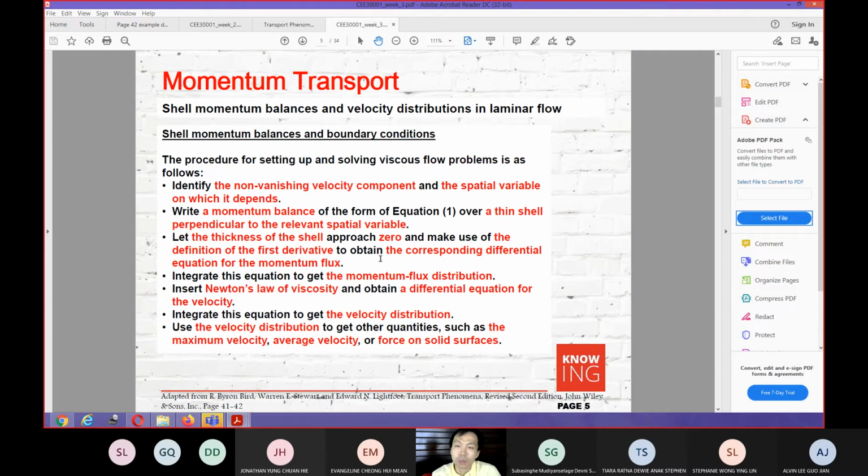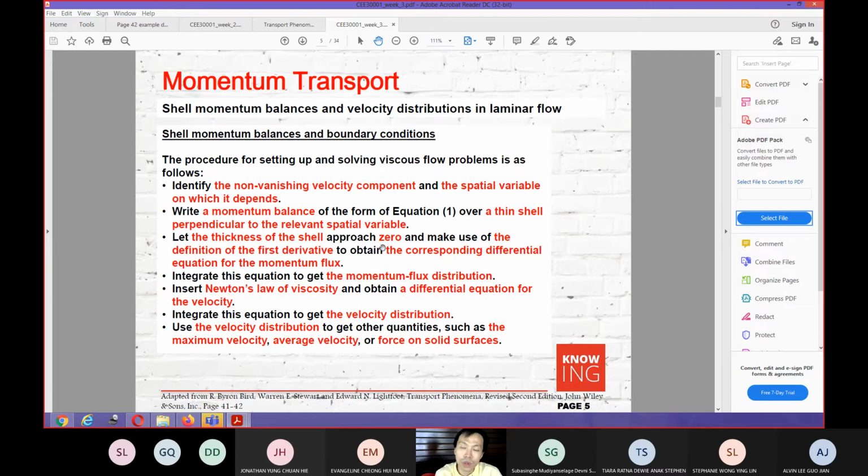Now, in here we give you the procedures for setting up and solving the viscous flow problem. First, identify the non-vanishing velocity components and the spatial variable on which it depends, right? And then we use equation 1 to write the momentum balance over a thin shell perpendicular to the relevant spatial variable.